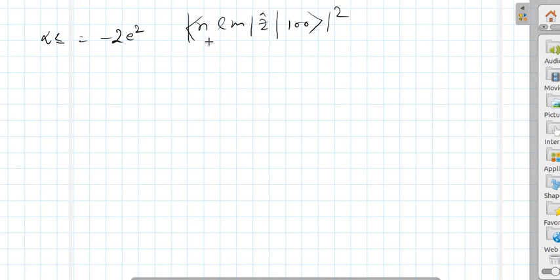So alpha is less than or equal to minus 2e square, summation over NLM not equal to 100, mod square of NLM Z 100 over minus 3e square over 8a naught, and summation over NLM, right?